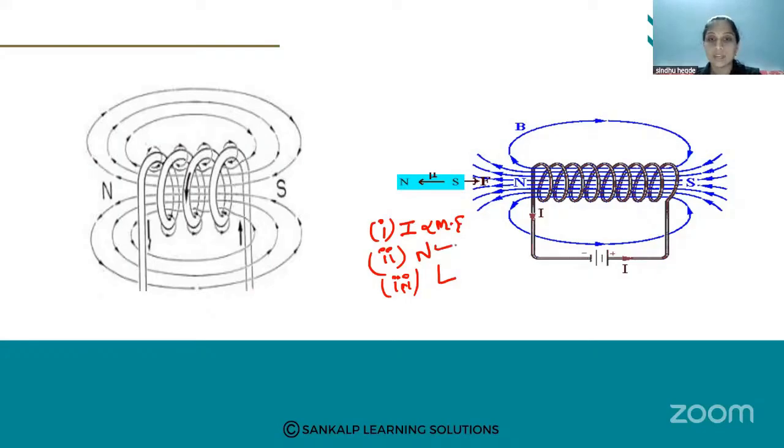Second, the magnetic field generation is more and more when the solenoid contains a number of turns. That is the second most important. And third one is the length of the solenoid. When the solenoid has a large length, it creates more magnetic field. Okay, this is the important thing.